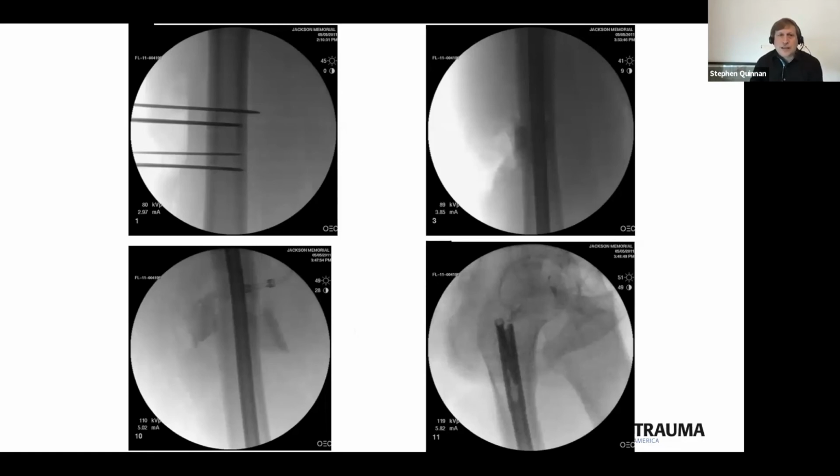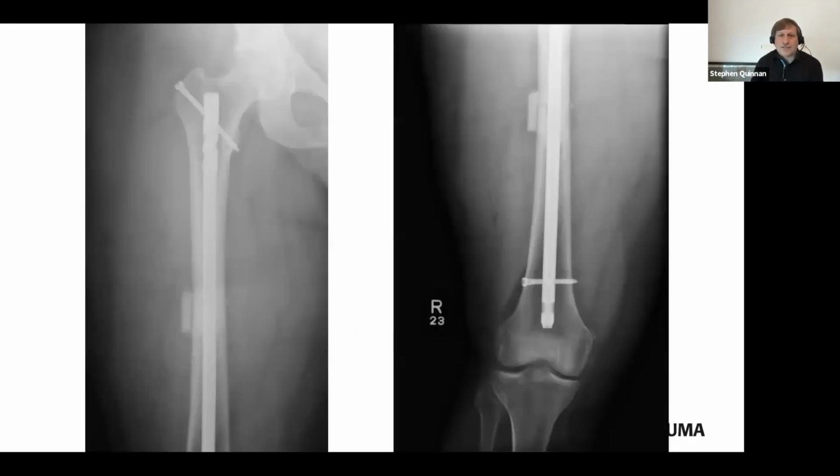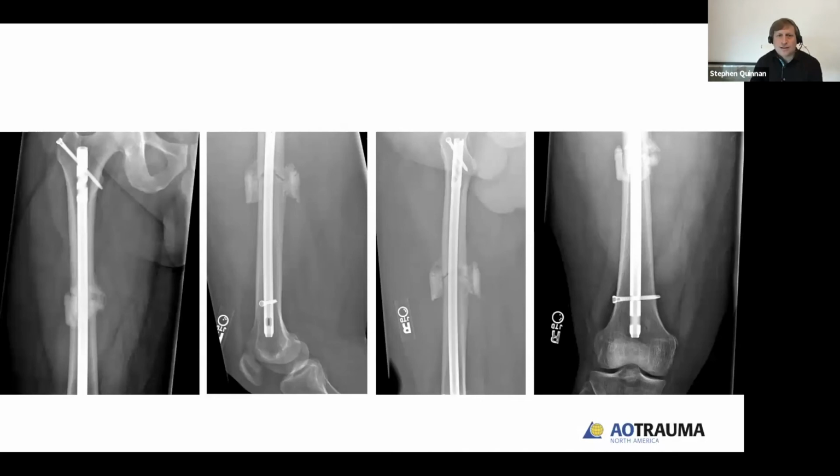So you can see here what we did. It's sort of a chevron osteotomy for shortening. It's about 3 centimeters, done in a clamshell method, as you see there. You can see post-op, we have a nice alignment overall, fixed with a nail, and it goes on to successful healing. Fairly straightforward way to address limb length discrepancy.